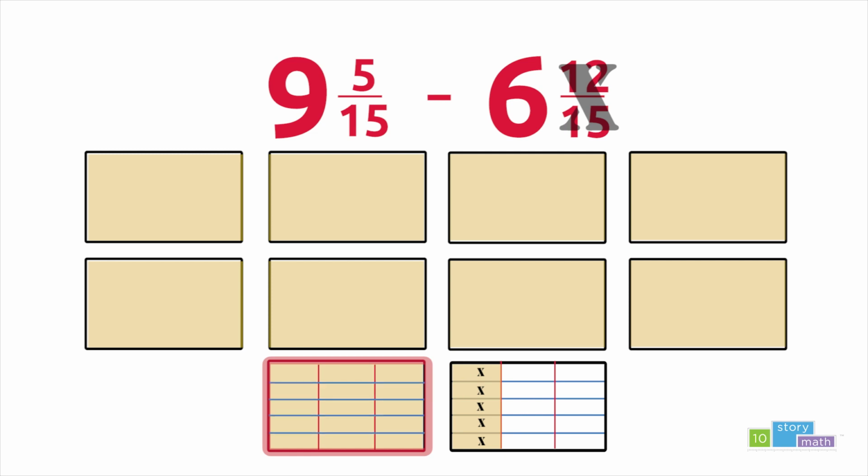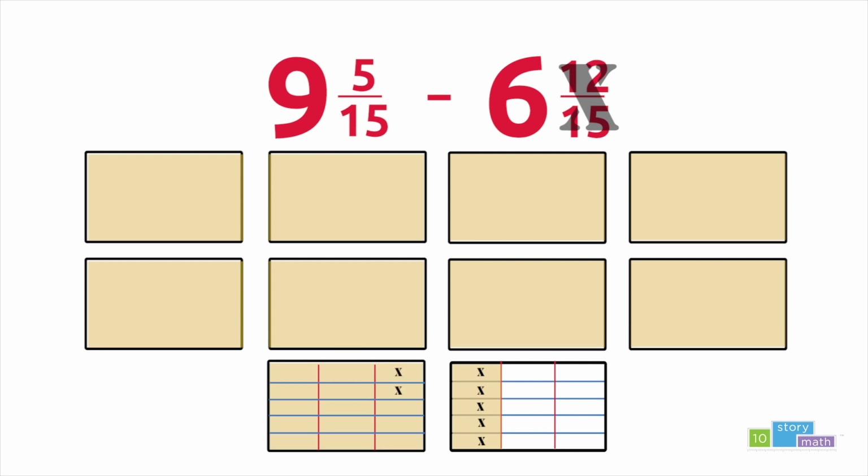One whole is equal to 15/15. So now it's like we have a total of 8 wholes and 20/15, which means it's now possible to X out 12/15. We've already crossed out 5/15, so let's continue from there.